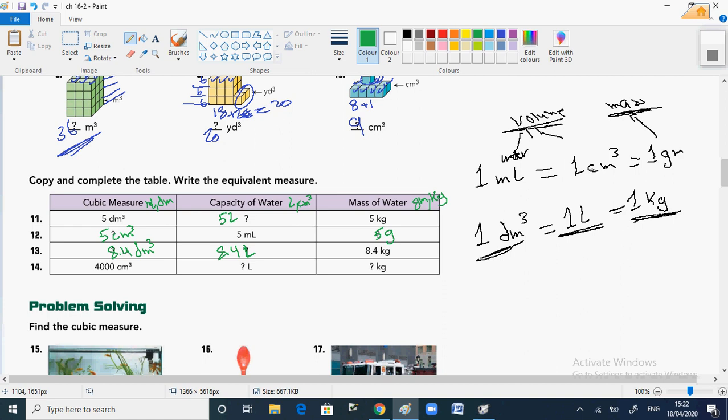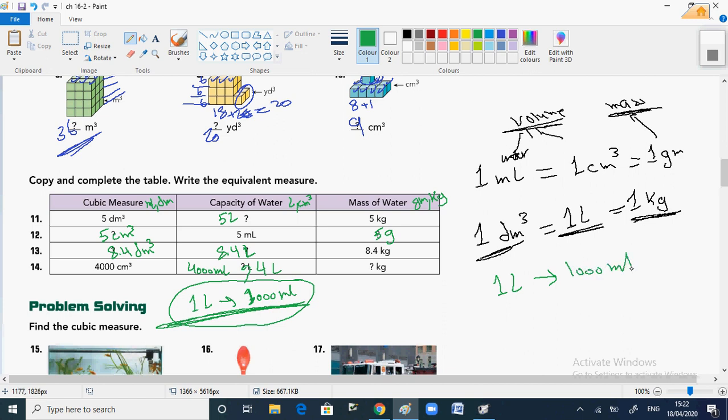That means I can say 4,000 milli, and I can say 4 liter, because each 1 liter has 1,000 milliliter. Okay, don't forget this one. You have to keep it in your mind. Okay, each 1 liter has 1,000 milliliter.